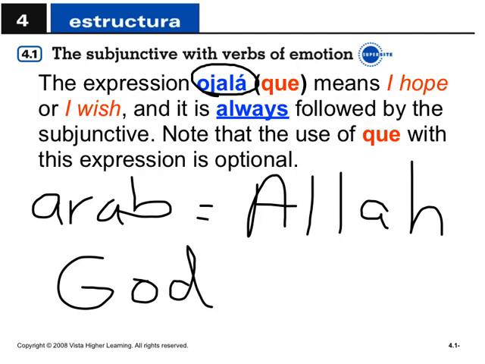And so originally it meant may God grant, but the book changed it and said I hope or wish, and it is always, and this is important to remember, always used with the subjunctive. And it's an expression, you cannot use a yo form, a tú form, an él form. It's just simply ojalá. I personally like to think that may God grant. Ojalá que llueva café en el campo. May God grant that it rains coffee beans in the fields.